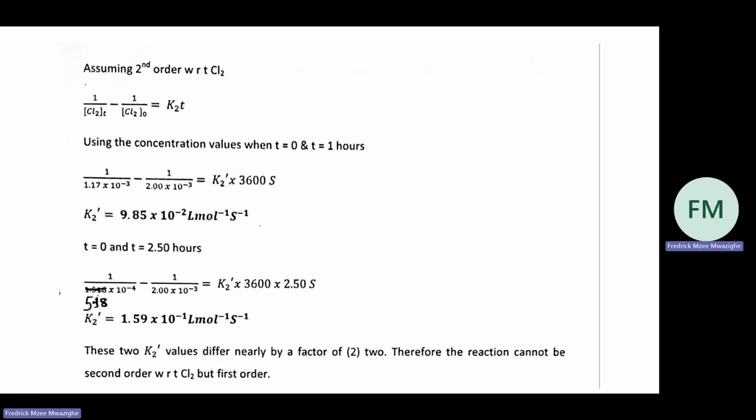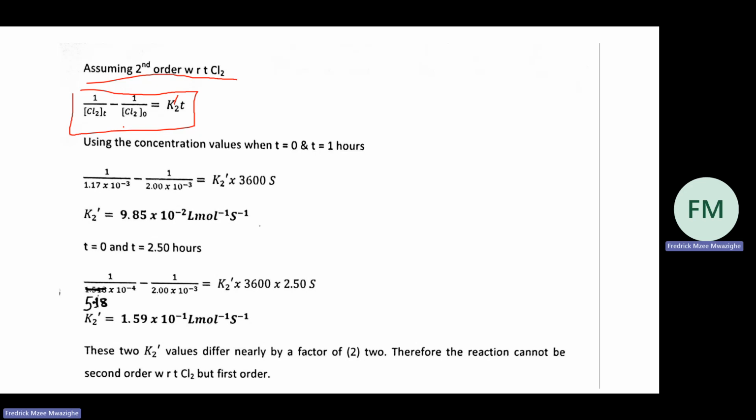Making this assumption, this expression would apply for a second order reaction: 1 over the concentration of chlorine at time T minus 1 over the concentration of chlorine at the initial time equals K2 prime T.